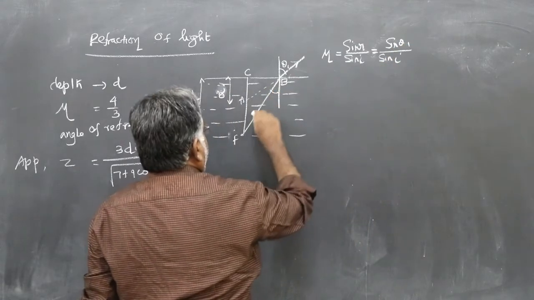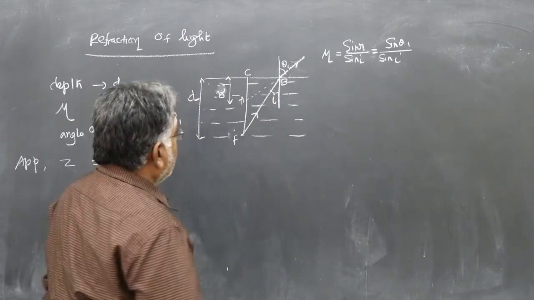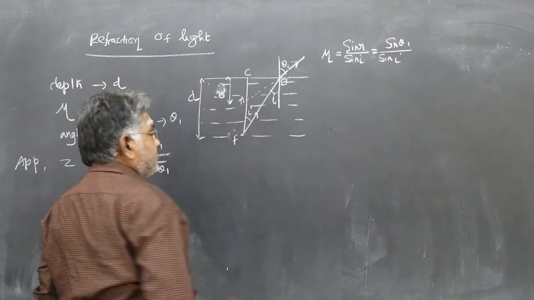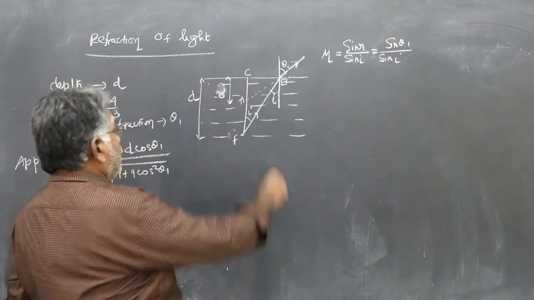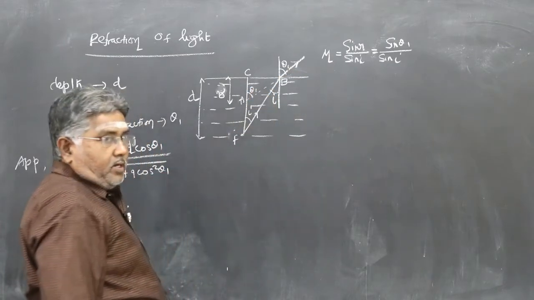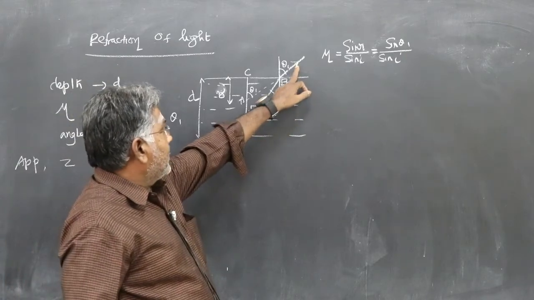This is i, the ray goes this way. Now if this is i, this is also i, alternate angle. This is theta 1, so this is also theta 1, corresponding angles. You will have to produce this refracted ray backward.